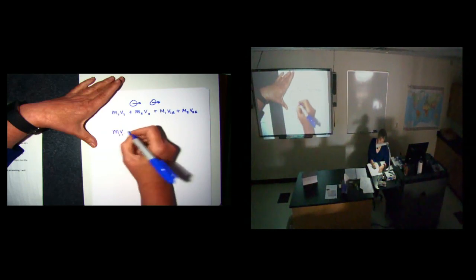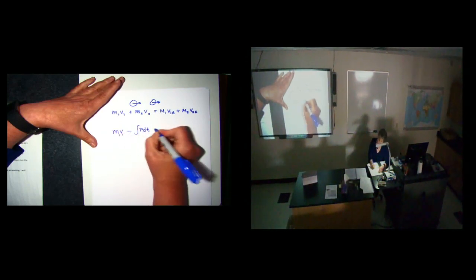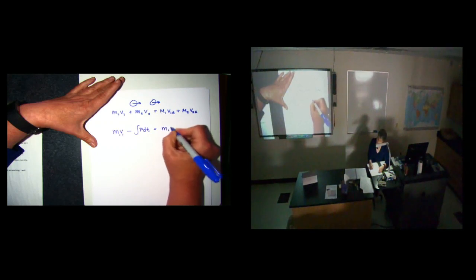So when I write this equation, that's the stage of collision I'm at. This is conservation of momentum. And this is kind of our impulse equation that we've been working with.